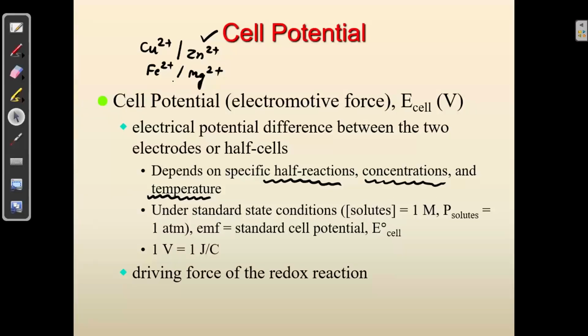Then the concentration of the ions in the solutions, and the temperature. Under standard state conditions, the solute is usually 1 molar, and atmospheric pressure is taken as 1 atm. And we calculate the standard cell potential, E naught of the cell. Remember, 1 volt is equal to 1 joule per coulomb.